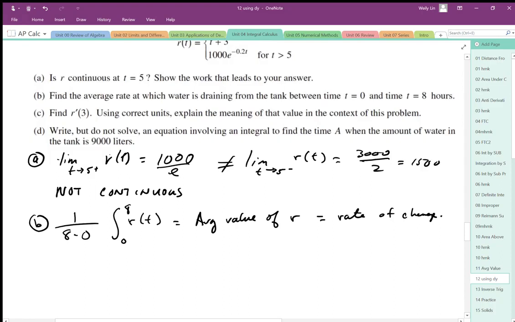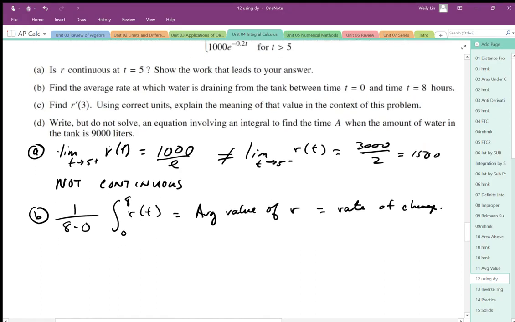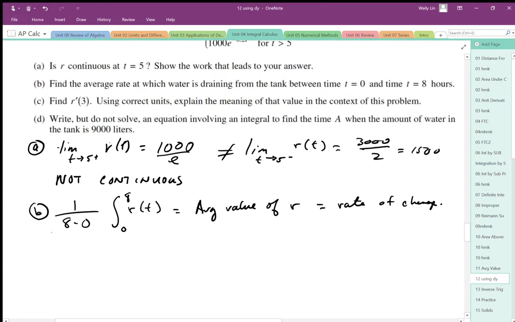We would have to integrate this, but we wouldn't be able to integrate it by hand because of this function here. We could integrate it, but it needs a calculator. So this is just setting up the integral. With a calculator, we'd actually solve those two different integrals. In fact, maybe I will just do that.